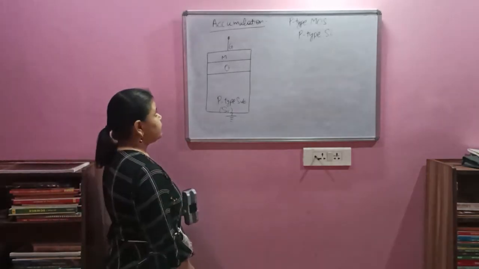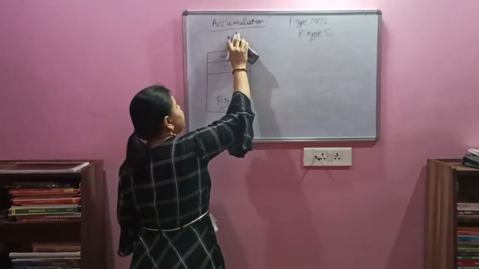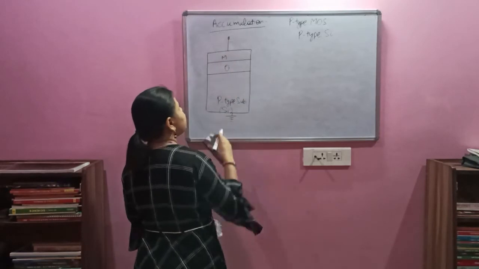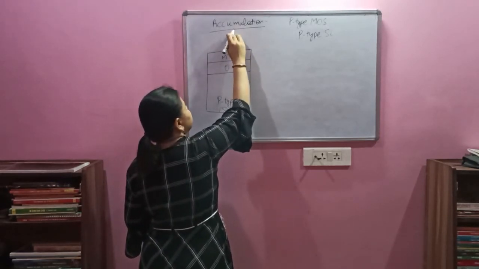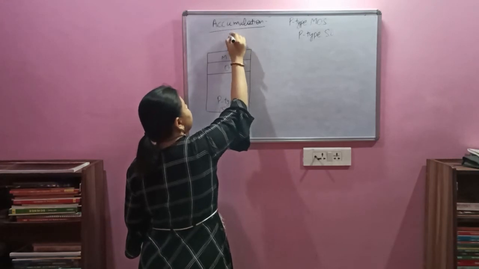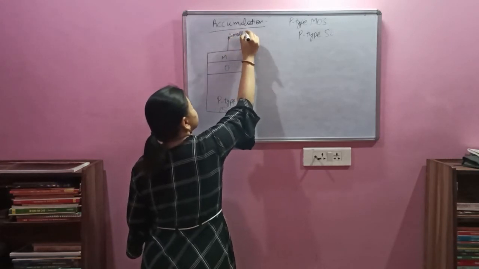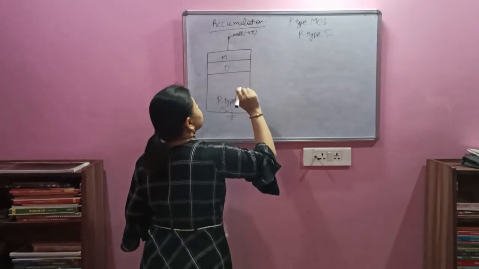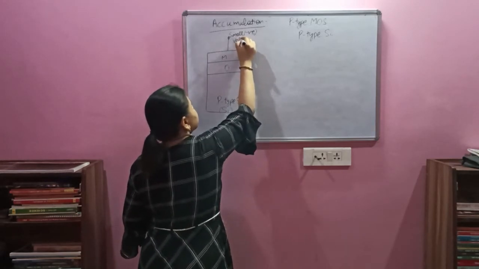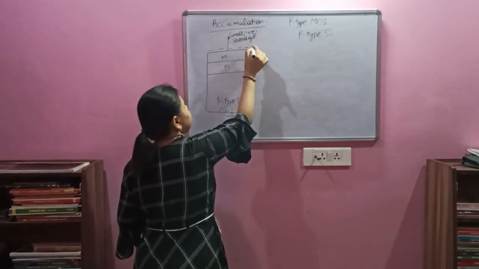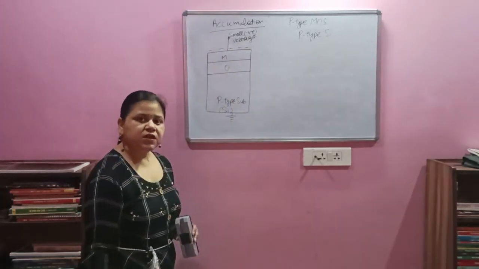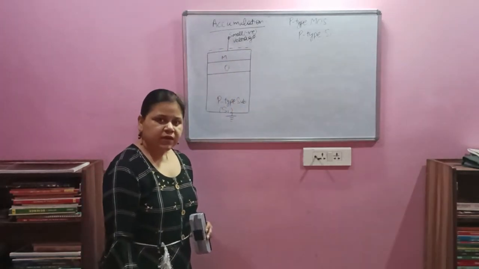Now moving further, accumulation is a process where we provide a small negative voltage. So a few negative charges will occur at the metal.